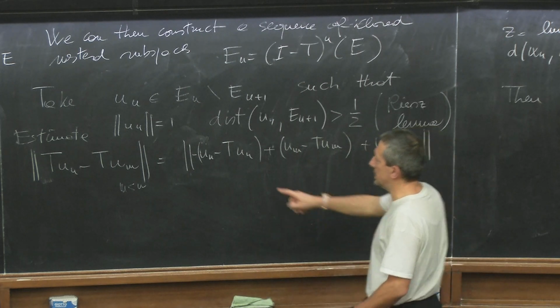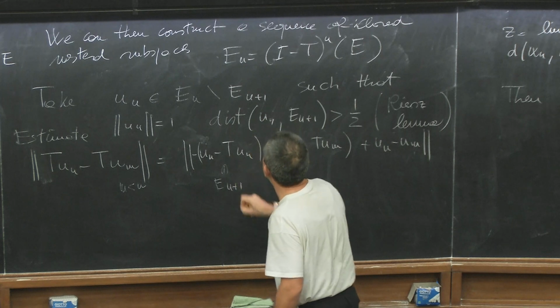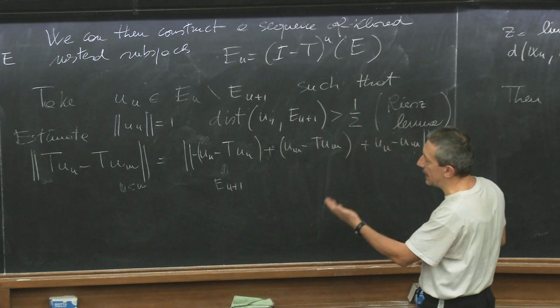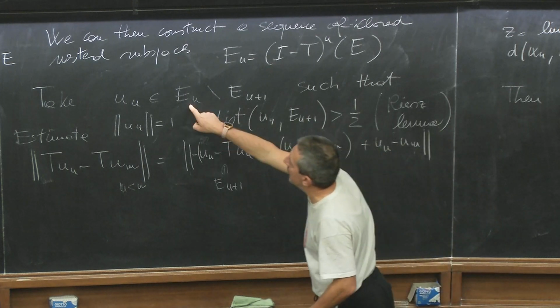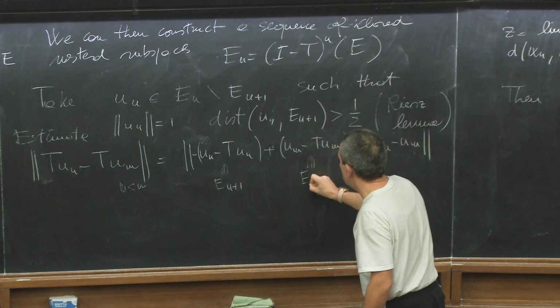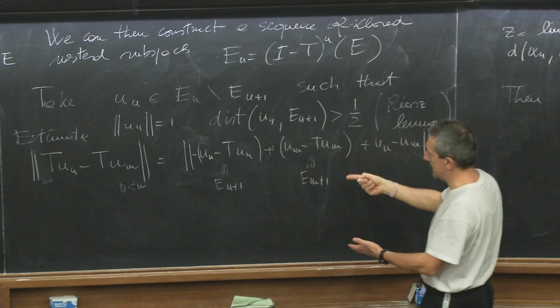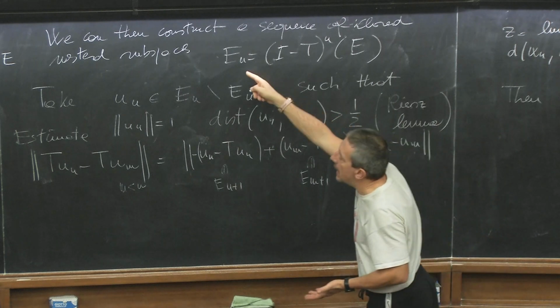So this guy belongs to En plus 1, because it is identity minus T applied to un, and un belongs to En. This guy belongs to En plus 1, because it is identity minus T applied to um, which belongs to Em.